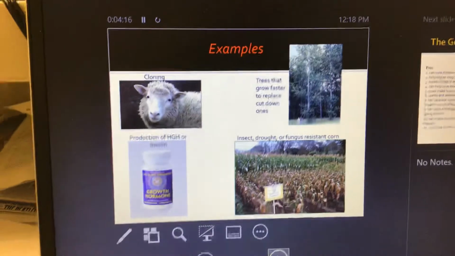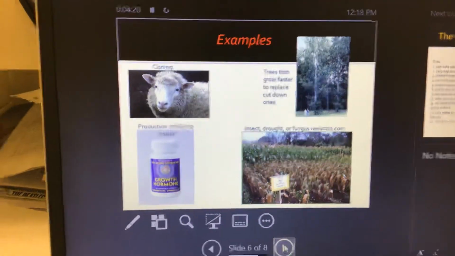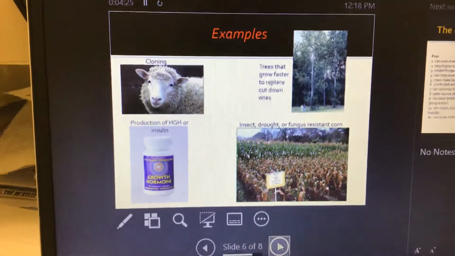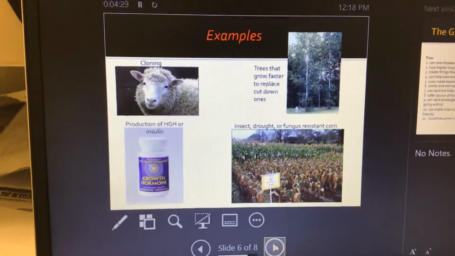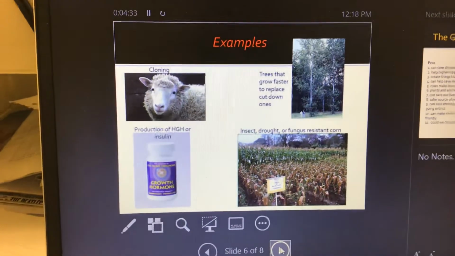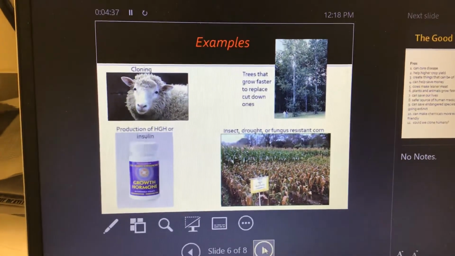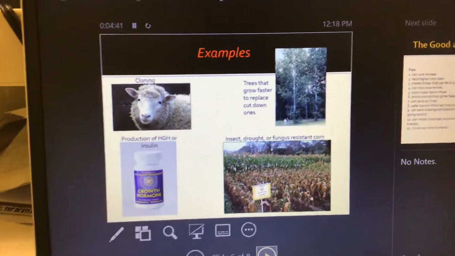Okay, it means you can spray them with the pesticide and they will not die. That's genetic engineering. Some of our medical stuff, like insulin, is genetically engineered from pigs, where we harvest the insulin from a pig. So all of these are examples of genetic engineering.